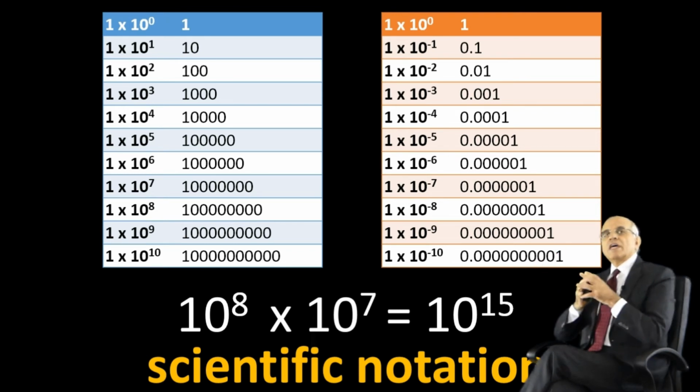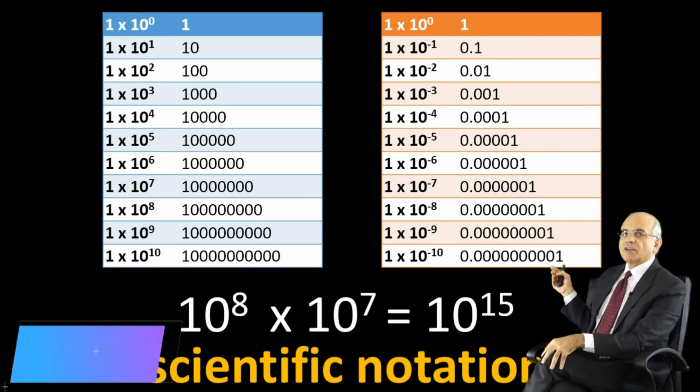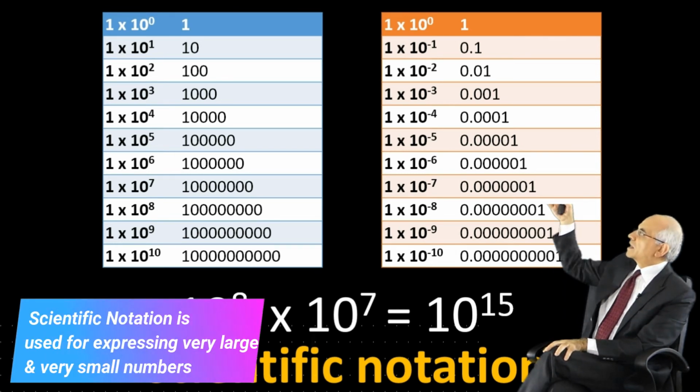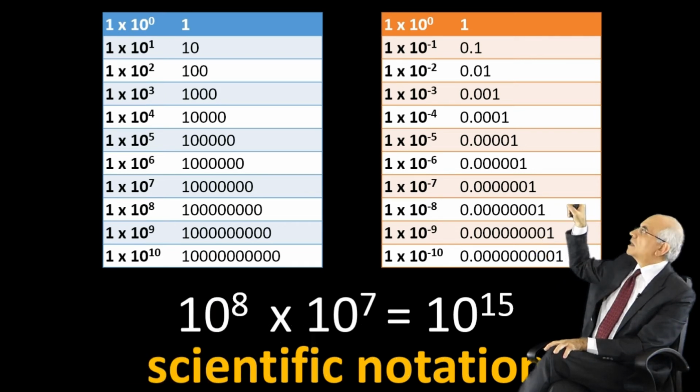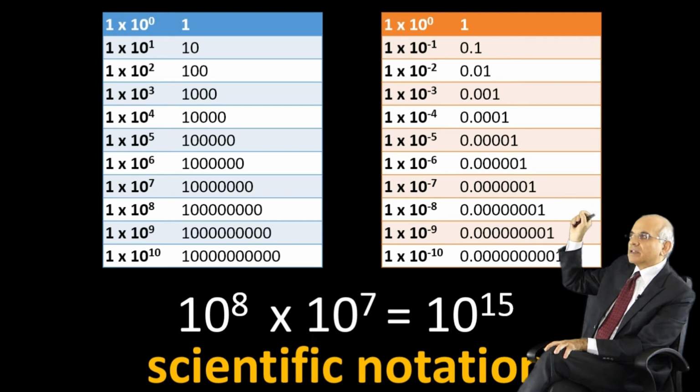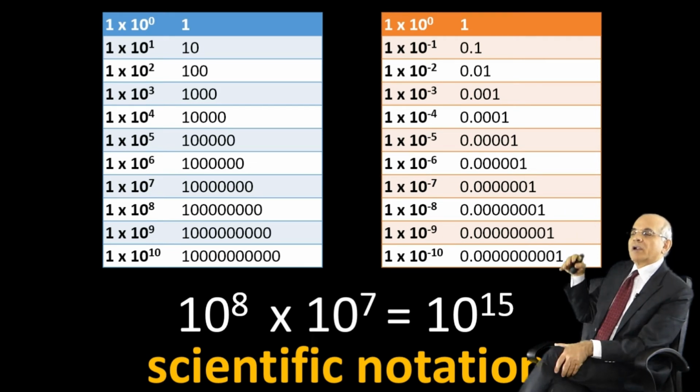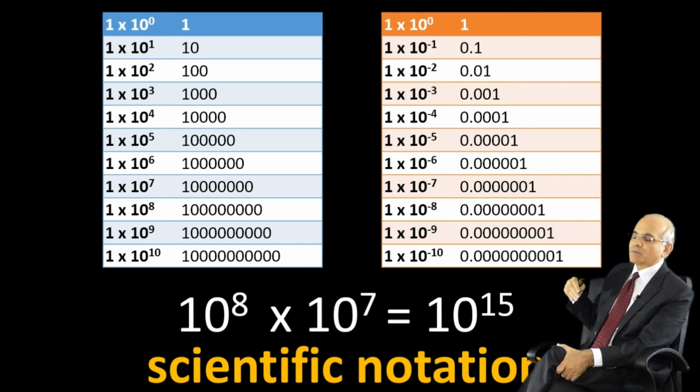So that's where scientists came up with what we call scientific notation. In scientific notation, you just count the number of zeros and you write the number 10 with the number of zeros as a superscript, a smaller number above the number 10. In science, we just say 10 to the power 2, or 10 to the power 8, or 10 to the power 10.